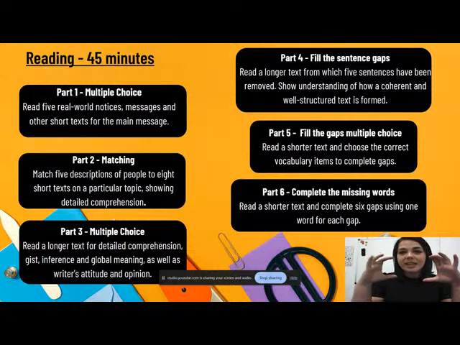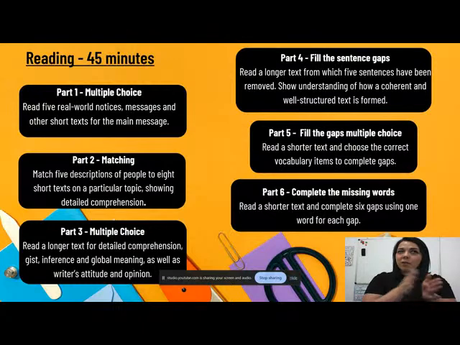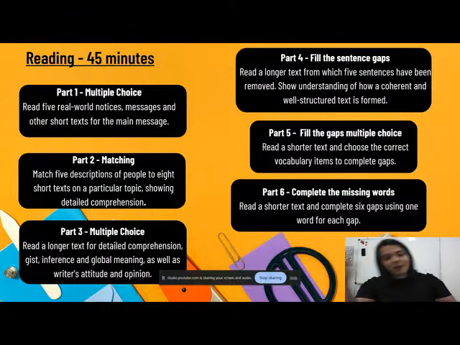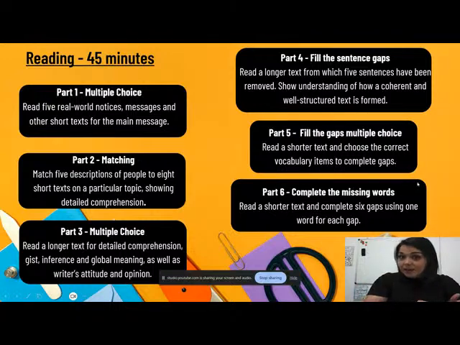And in this text, single words have been removed. And we have 3 or I think 4 different options that we have to choose the best word to complete the gap. Part 6, final part, is similar to part 5.